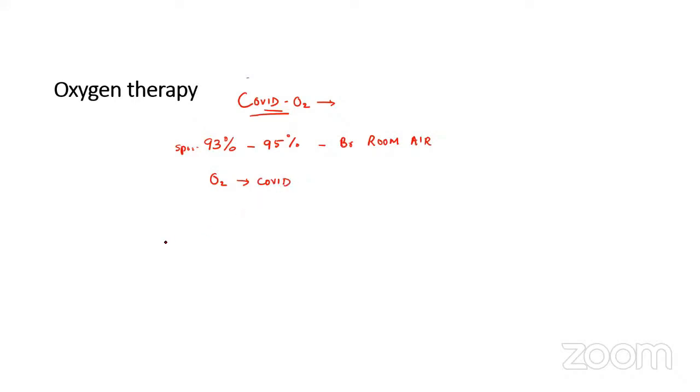So for that, we should now know that oxygen can be administered by two methods. Number one, it can be delivered through a low flow device, or you call it a variable performance device.